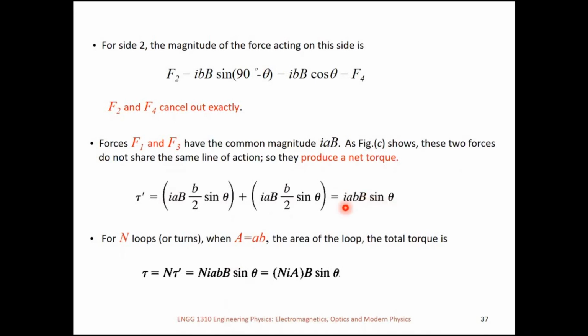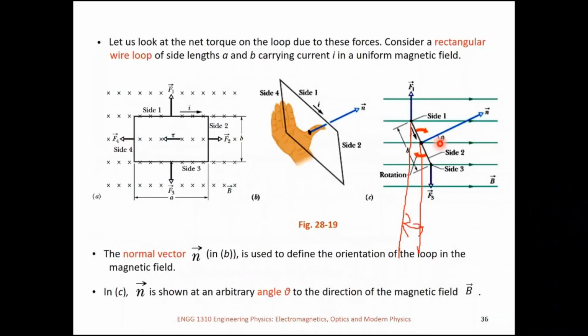This a multiplied with b is just the total area, so the total area equals ab. For n loops, n turns, we should also multiply with n, so the total torque equals n times I A B sine theta, that is NIA multiplied with B and multiplied with sine theta. The sine theta is just the angle between the B field and the n.